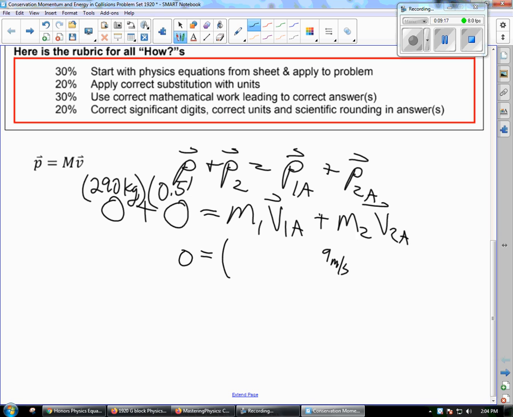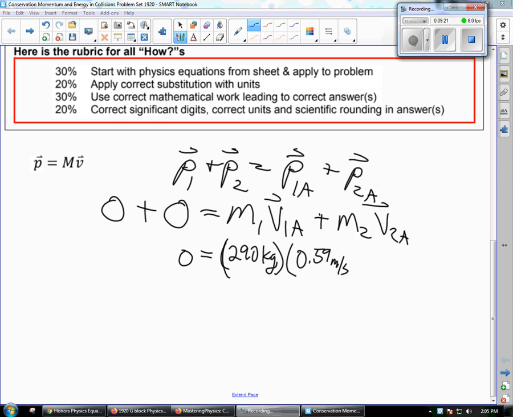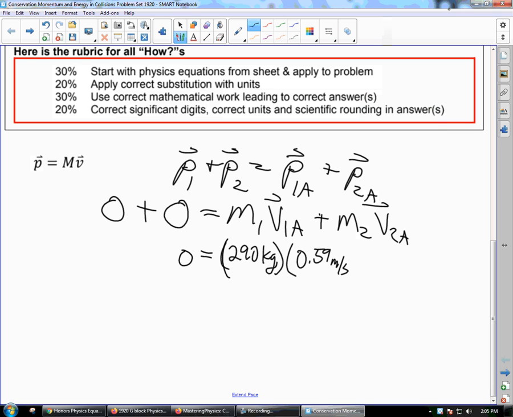So then plus M2, which we don't know. And this should be negative, shouldn't it? And 0.38 meters per second.